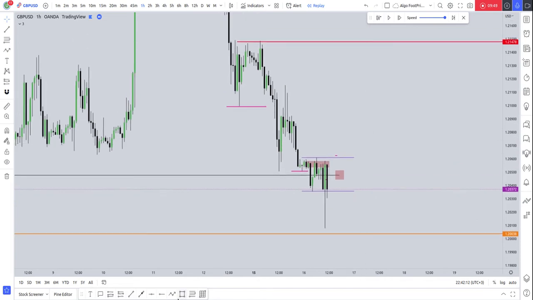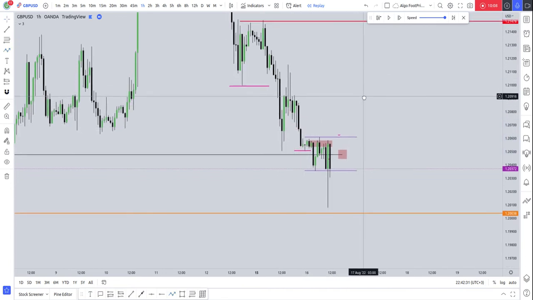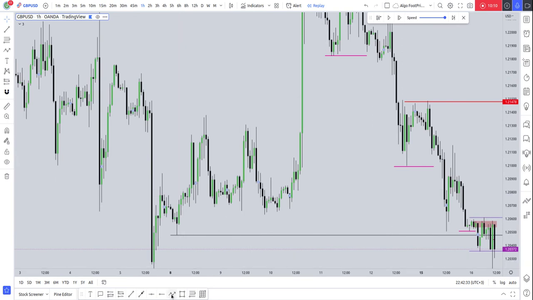For instance, look at this. This candle went up, then came down and closed here. The second candle also went up, failed to take this week high, then it closed right here, and then price went lower. Or I give you another example. Look at this.